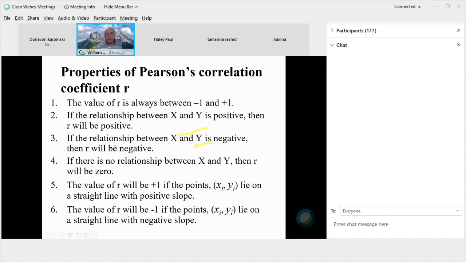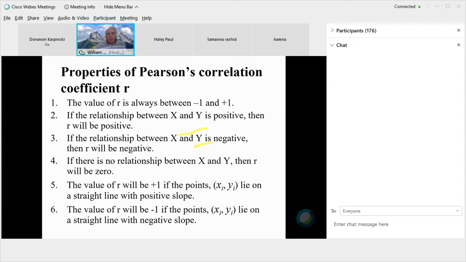So the value of r, you can show mathematically, always has to be between -1 and +1. If the relationship is positive, r will be positive. If the relationship is negative, r will be negative. If there's no relationship, the positive products will balance out with the negative and it'll be 0.